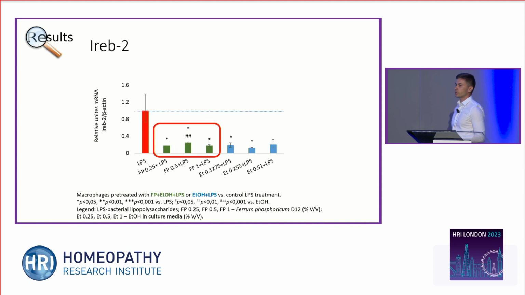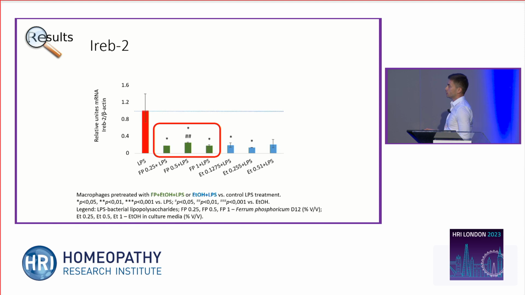When we talk about the iron-dependent transcription factor, here we see that Ferrum phosphoricum treatment reduced this time the transcription of this iron-dependent transcription factor. It was lower than the expression of the gene in the group treated only with lipopolysaccharides.